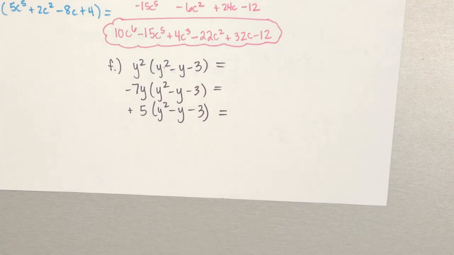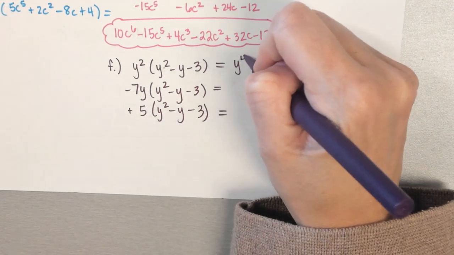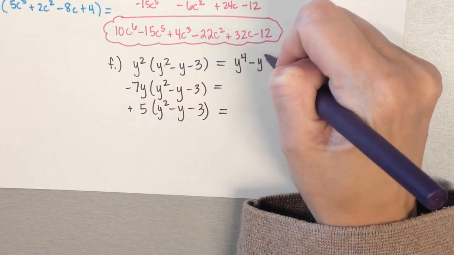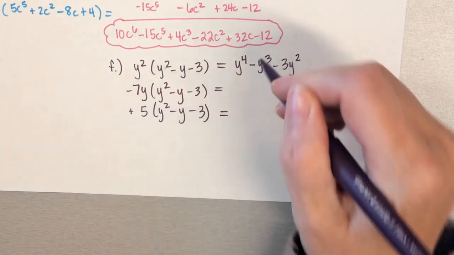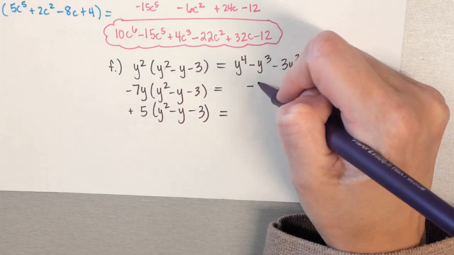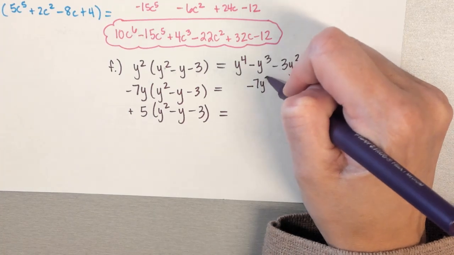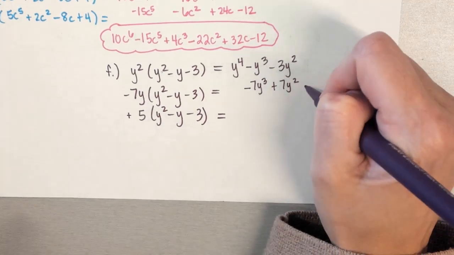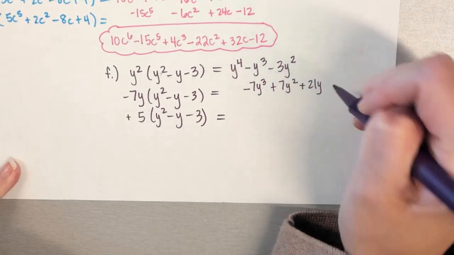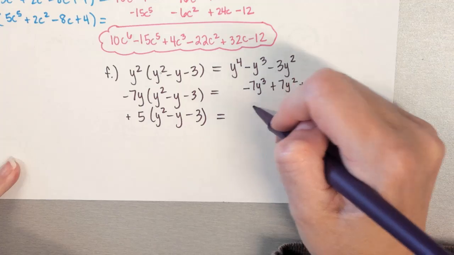All right, how do we think we did on this? On the last one. I like it when they all line up nicely like this because you have y to the fourth minus y cubed minus 3y squared. And then this one, you're going to start here. So it's negative 7y cubed plus 7y squared plus 21y. And then this one will be 5y squared.